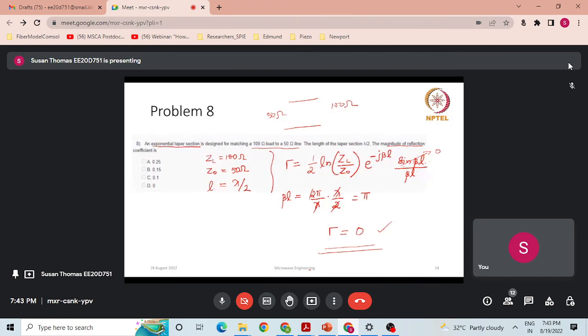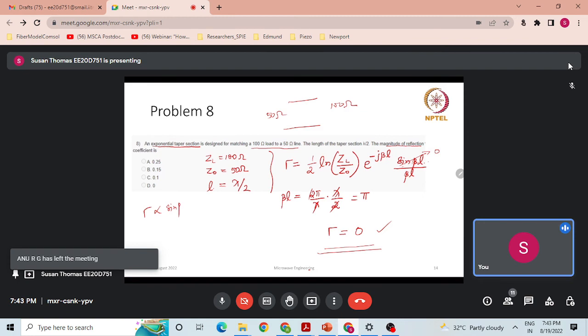Yes, if you know the length of the transmission line, the gamma function is basically a function of sine beta L. So directly looking at the length of the transmission line, you may be able to guess this.